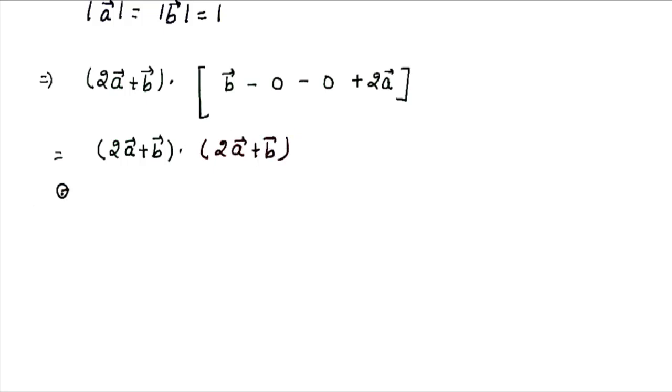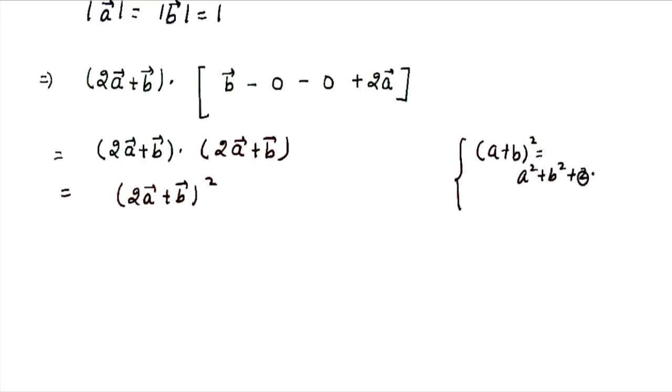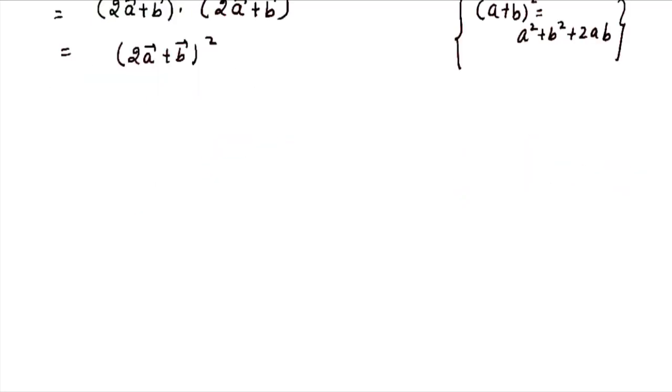Now from here we get 2A vector plus B vector whole square. Now we know that a plus b whole square is equal to a square plus b square plus 2ab. Using this identity we solve this equation.